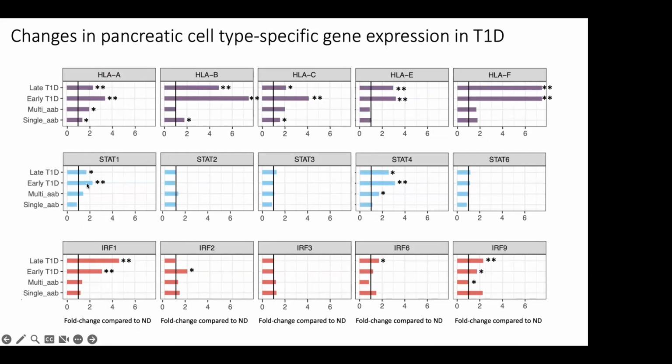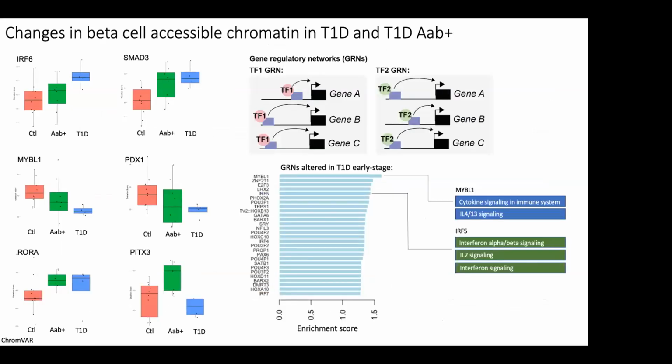So there's certain family members within STAT and IRF that appear preferentially upregulated, not only in disease, but in the stages preceding disease. So that gives us some insight into processes that are changing in beta cells in disease, and particularly those that are preceding the onset of disease.